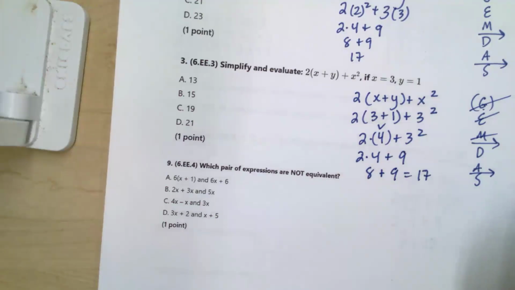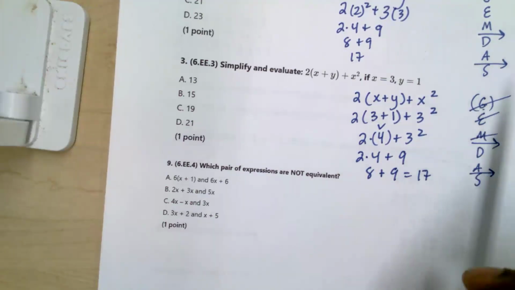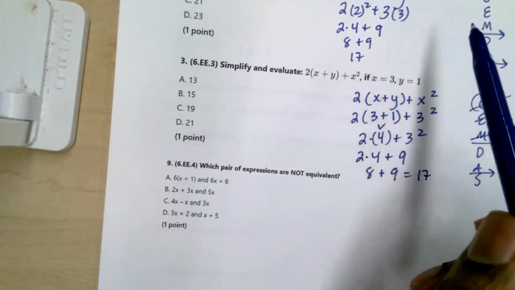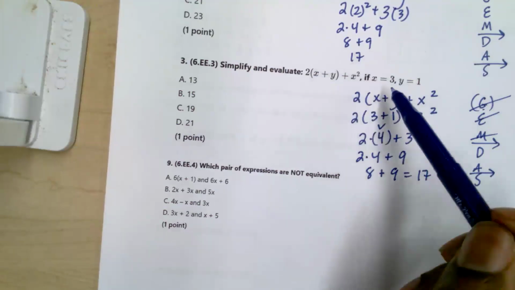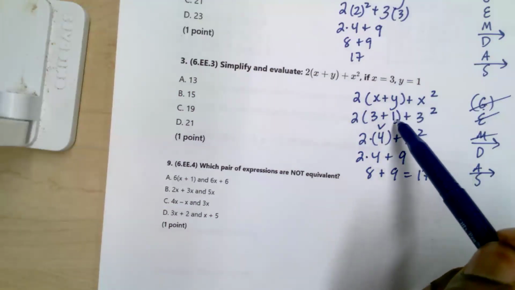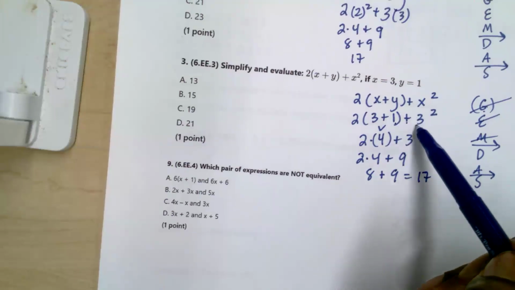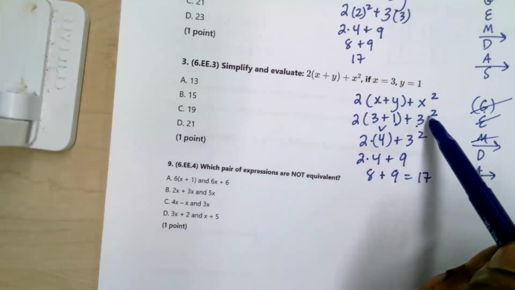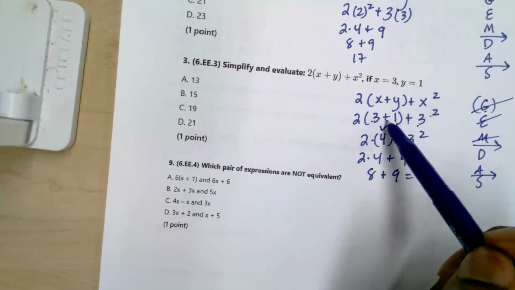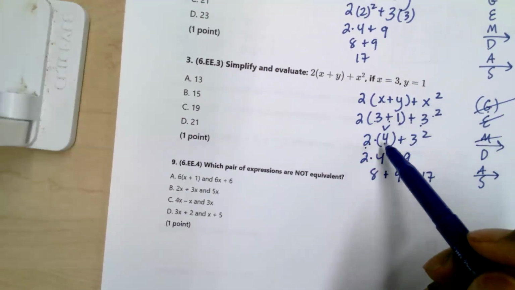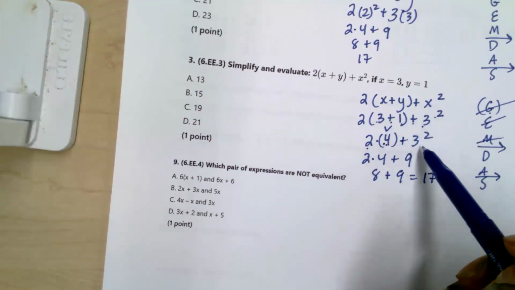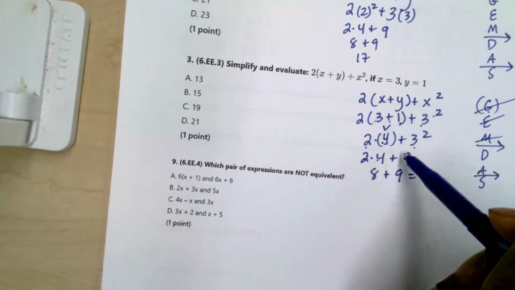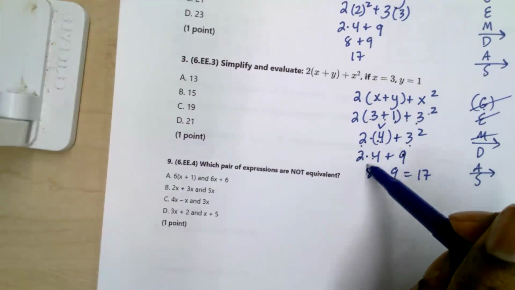What happened? Did I do something wrong? Let's see. 2 times 4 plus 9. 8 plus 9.